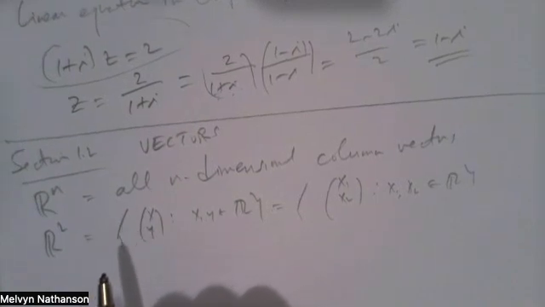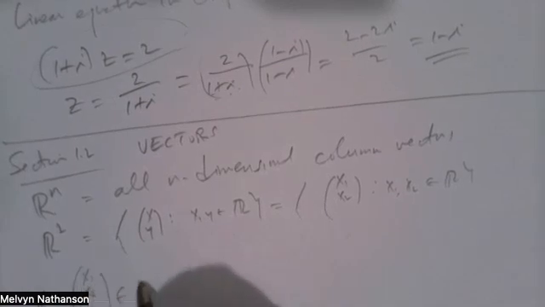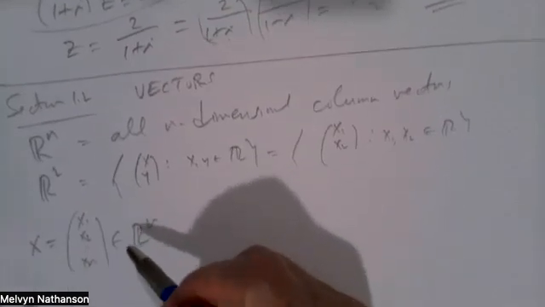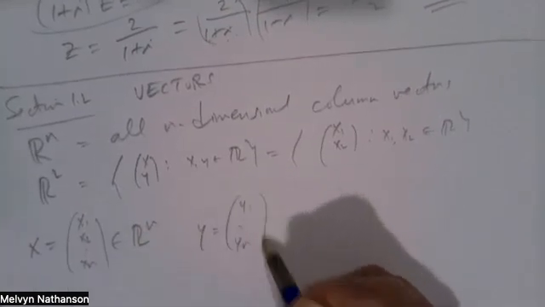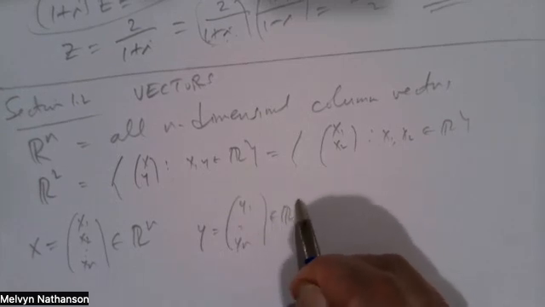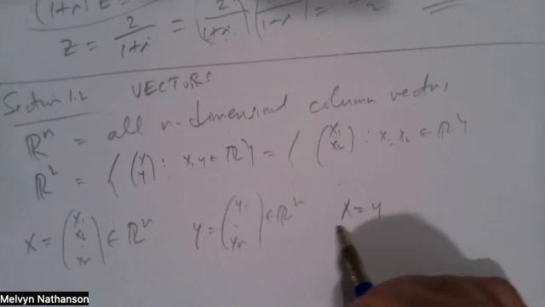And in general, suppose we have a vector x in Rn, n-dimensional, and y, an n-dimensional column vector in Rn. So we say x equals y.